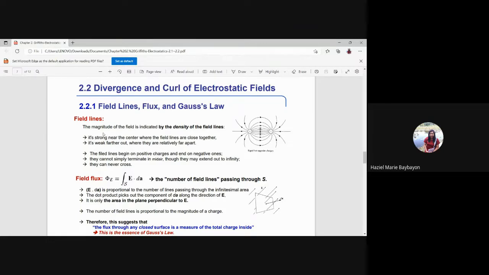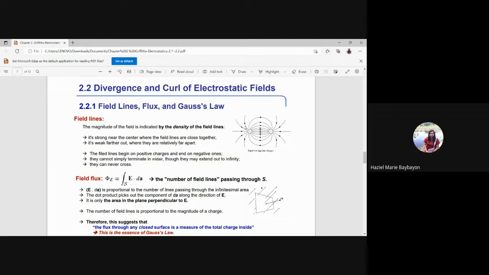Okay, so for field lines, we define field lines as these. We can call these field lines, and they represent the direction of the electric field. So as you can see, you have a positively charged particle here and then a negatively charged particle nearby. So the electric field lines go out from a positive charge.